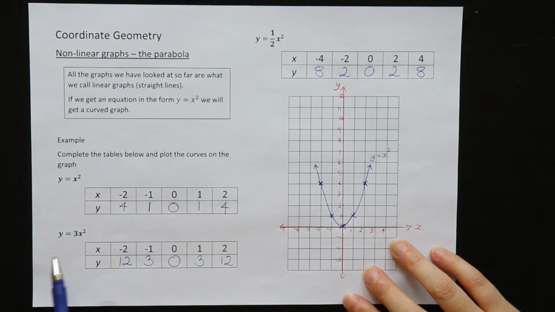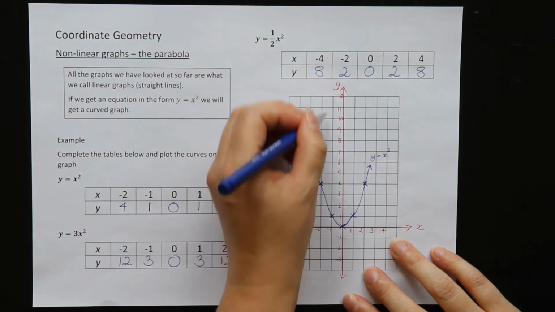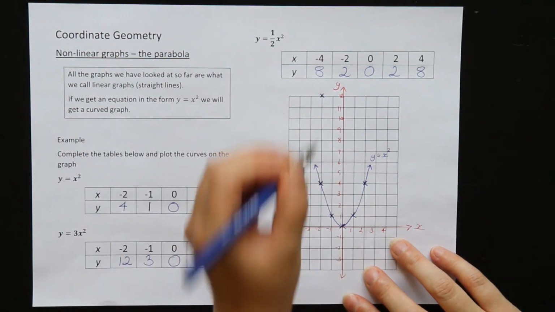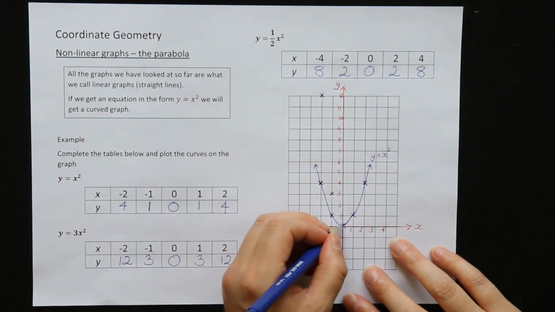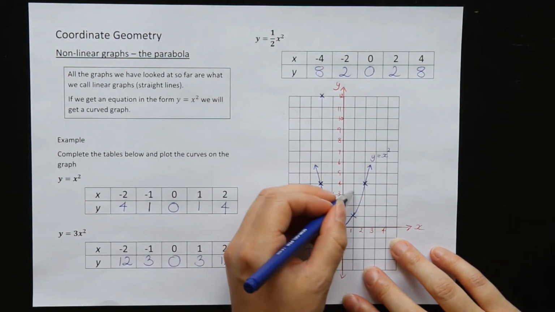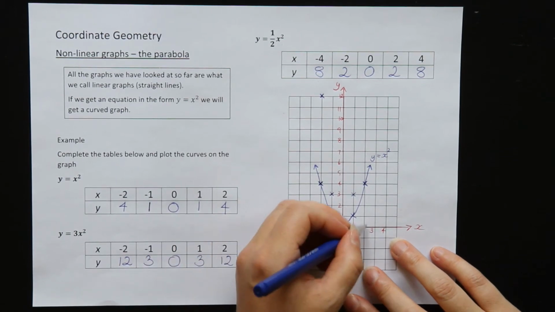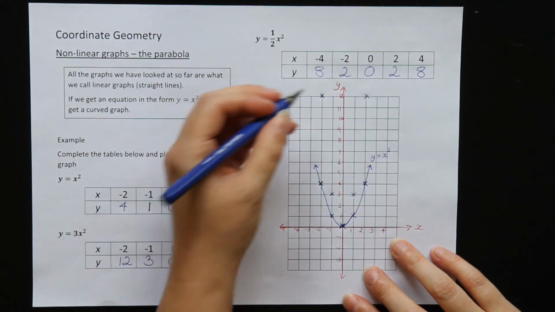Let's look at our next one. y equals 3x squared. When x is negative 2, y is 12, way up here. Negative 1, 3. 0, 0. 1, 3, and 2, 12.